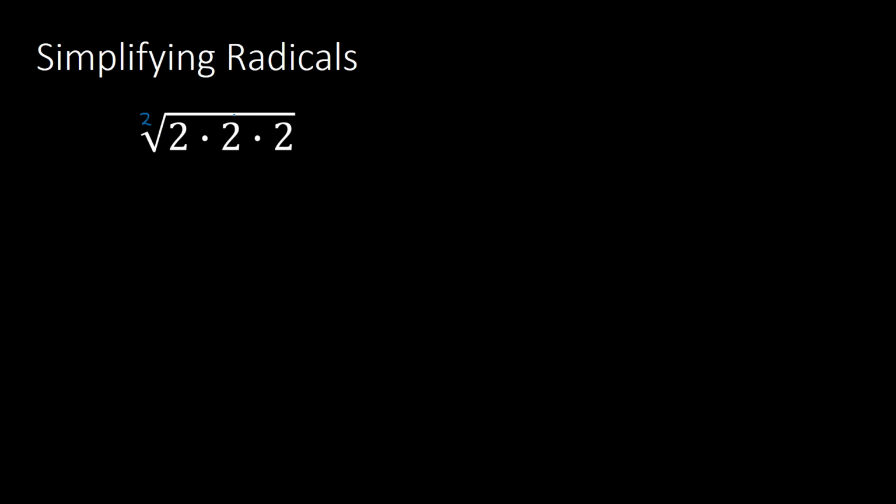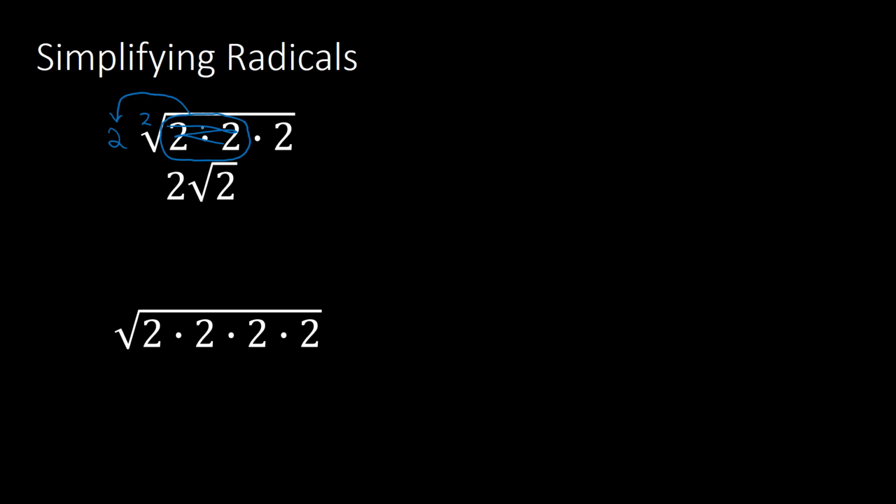To simplify, I look for groups of 2 items within the radical. Here we see 2 2's inside of the radical. Because I have one group of 2's, I can pull out 1 2 on the outside. So what I'm left with is 2 times the square root of 2.